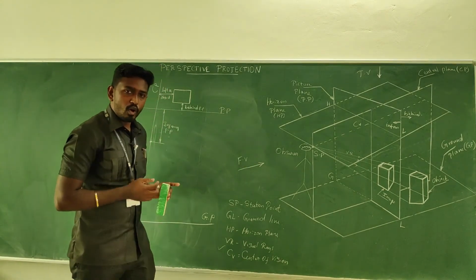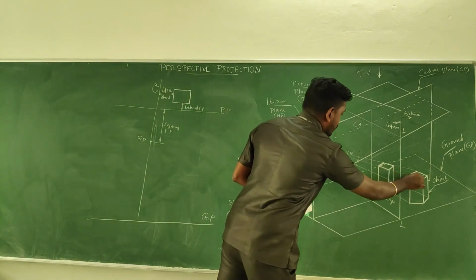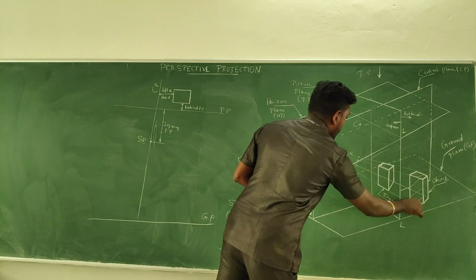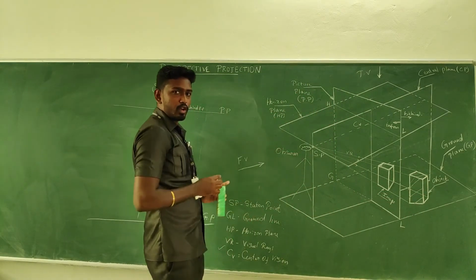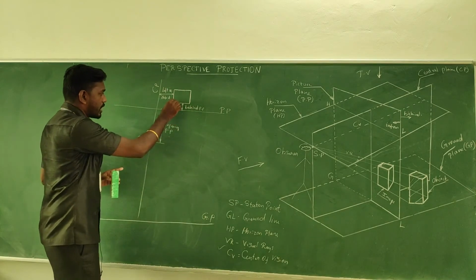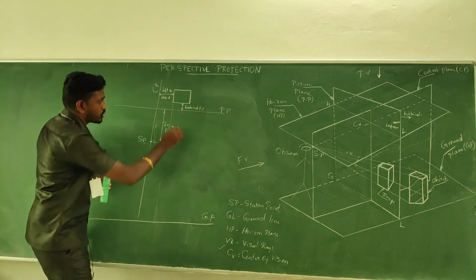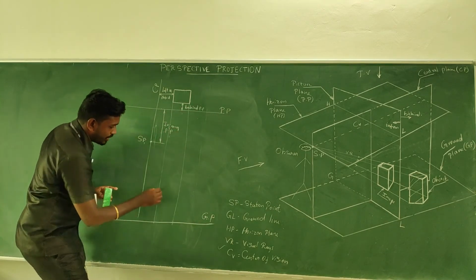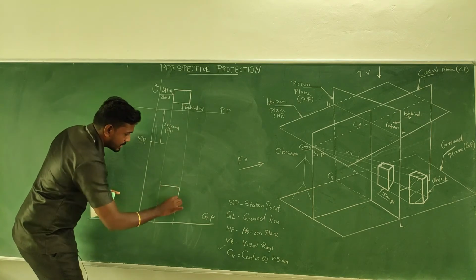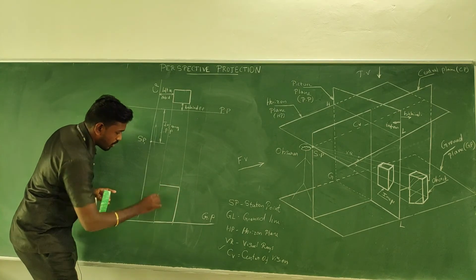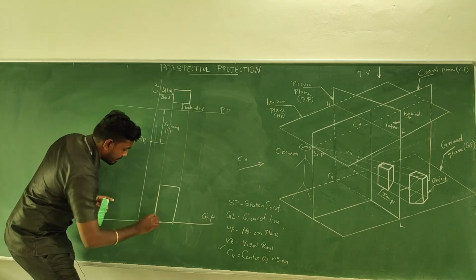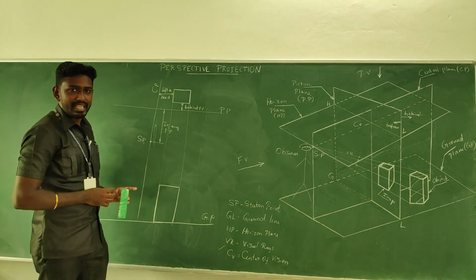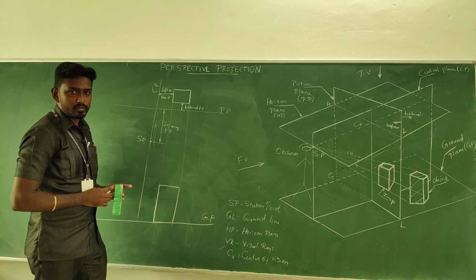So we know in the front view, the height of the object can be seen. In order to interpret, we can take the projector from the front view, and if you draw with respect to the height of the object in between the projectors, we get the front view.